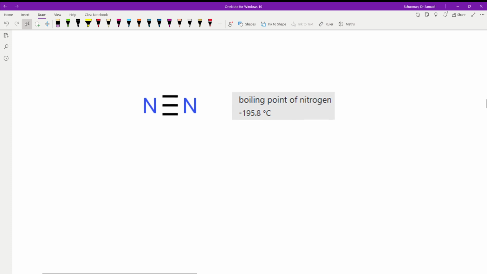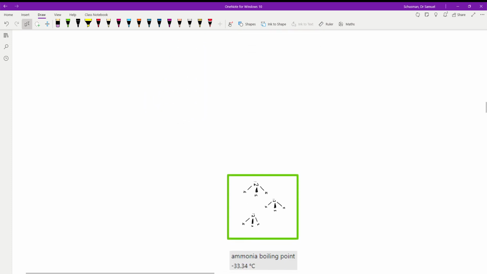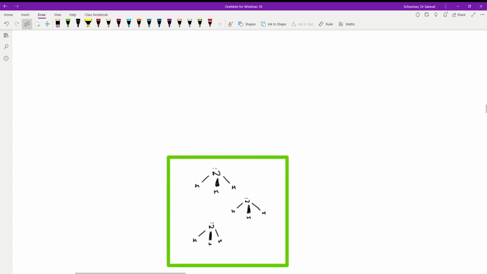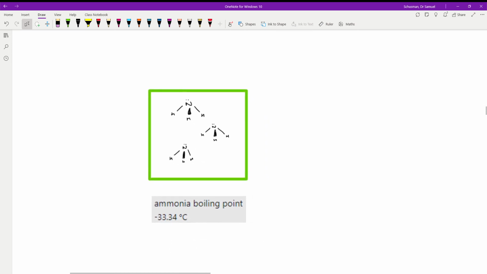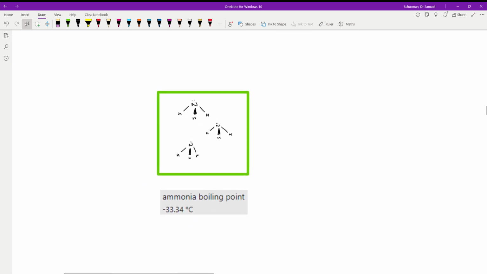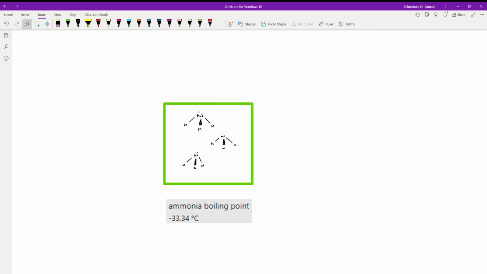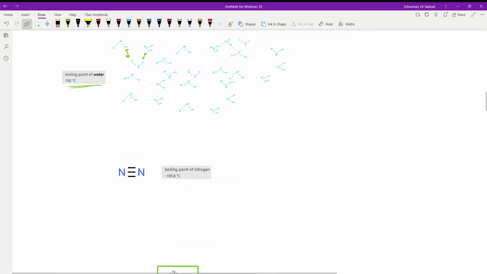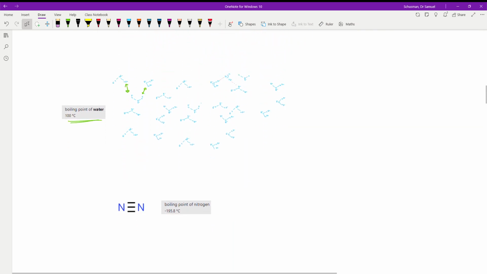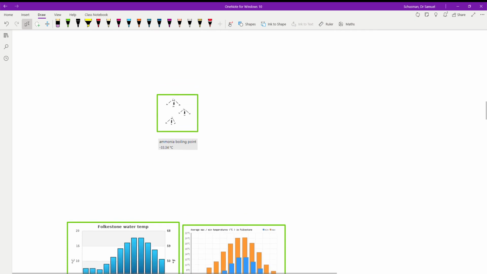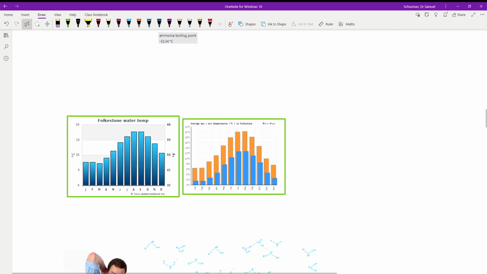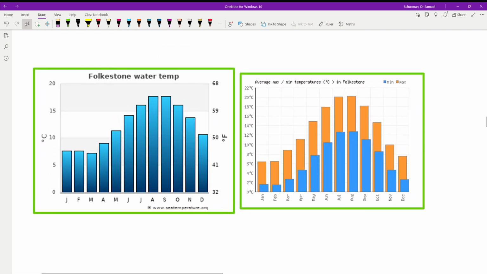And what I think is quite nice, just to give you an example of before, because ammonia, which is a gas at room temperature, has some hydrogen bonding, it's sort of in the middle. So water can form lots of hydrogen bonds, ammonia less so, and you can see that reflected in their boiling point.